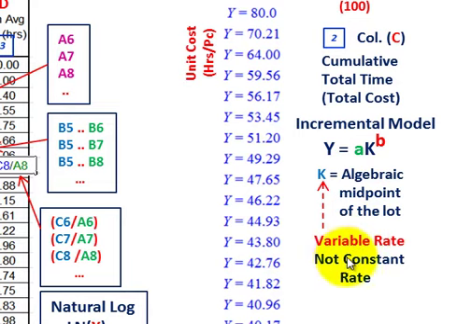It's not a constant rate. When we talked about the cumulative average model, we used a constant rate, but with the incremental model, it's a variable rate. So for our cumulative total time, if we put it into our calculator, we'd have to come up with a whole different function.